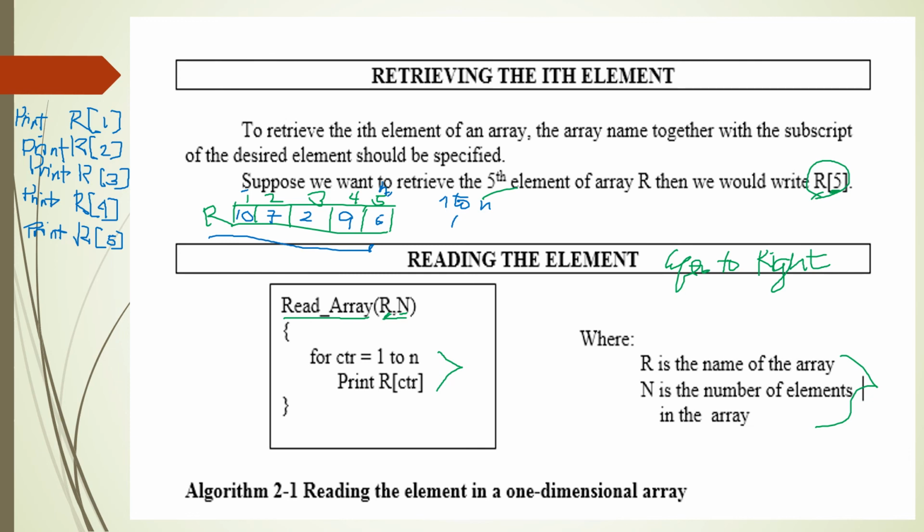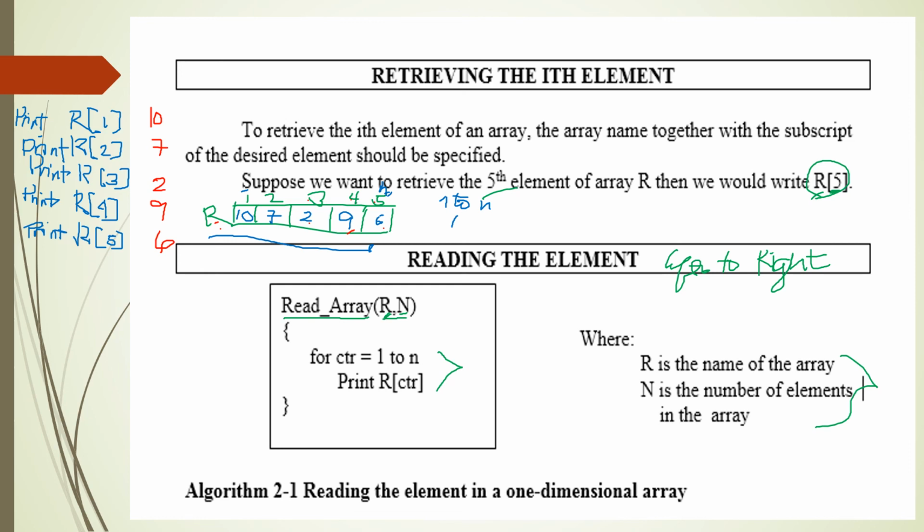Now, R sub 1, we are referring to the value 10. R sub 2, we are referring to the value 7. R sub 3, the value 2. R sub 4, the value 9. And R sub 5, the value 6.